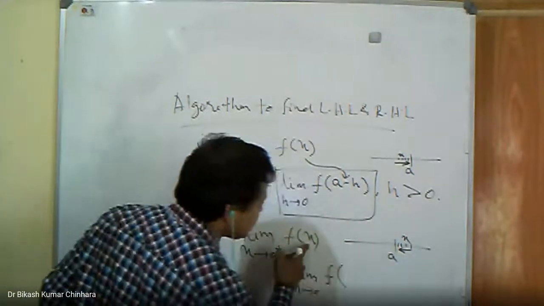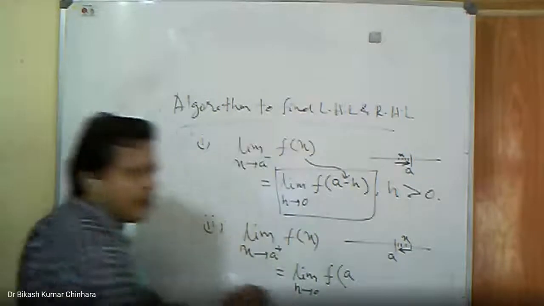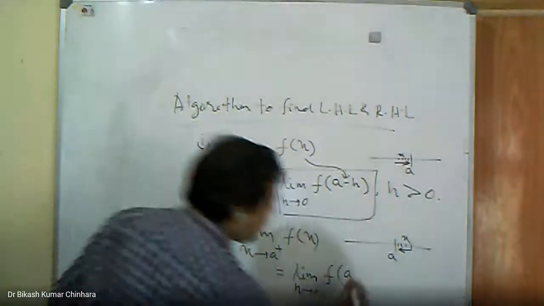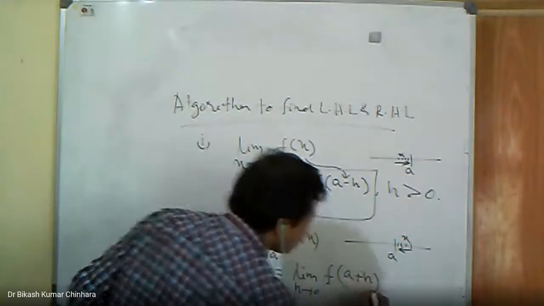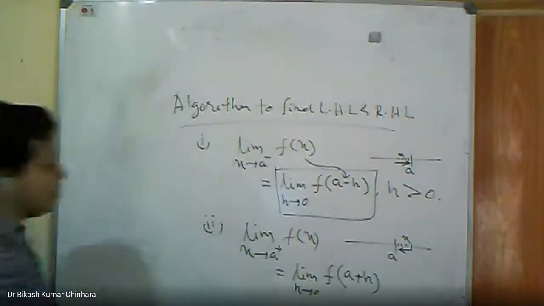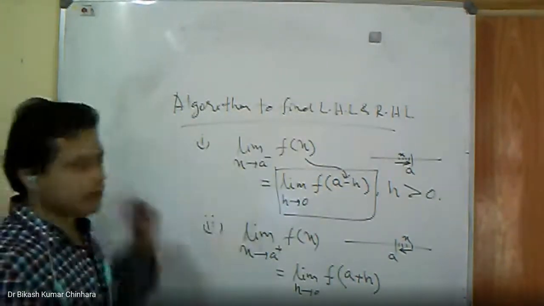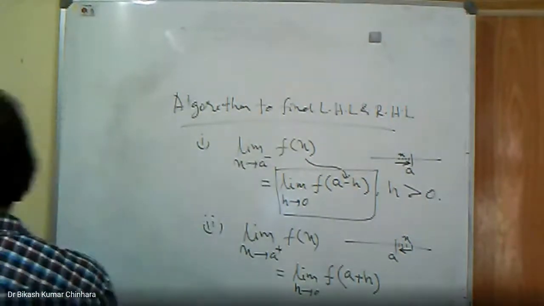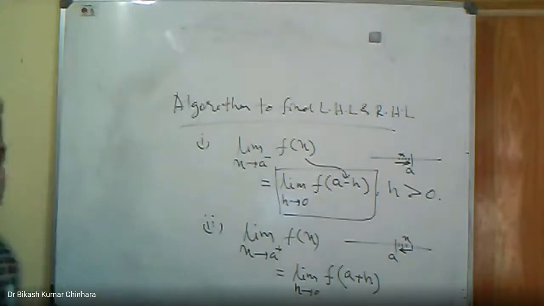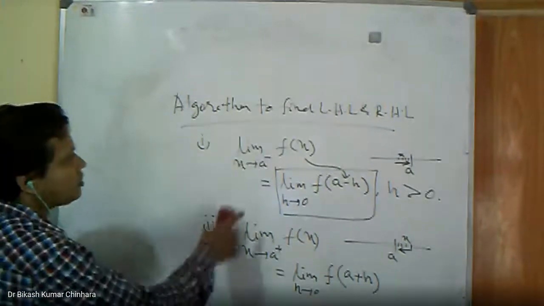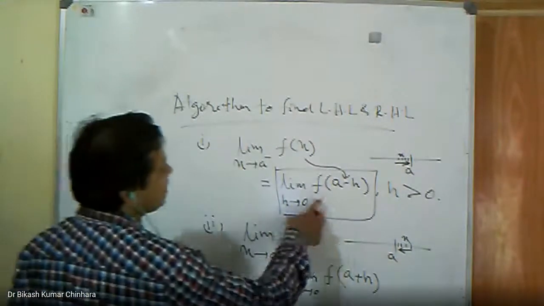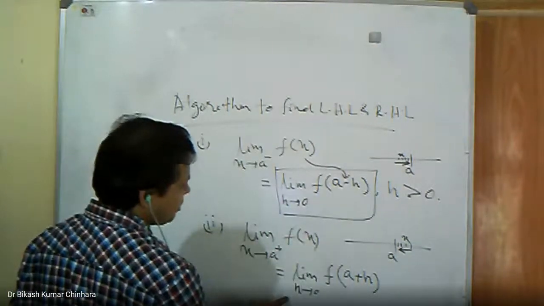So this x will be a little away from a, so I may write a plus h. You evaluate this limit and you evaluate this limit. Let us do one example so that you will be clear. Whenever you are evaluating LHL, you write like this. Whenever you are evaluating RHL, you write like this.